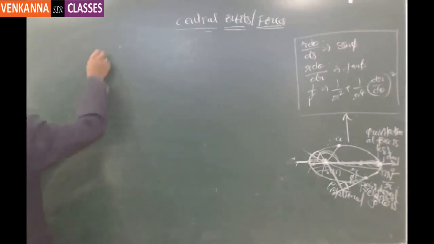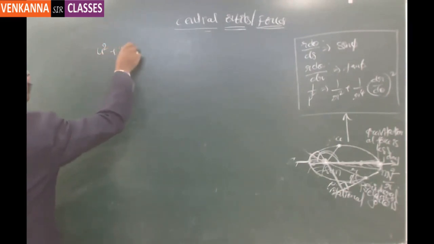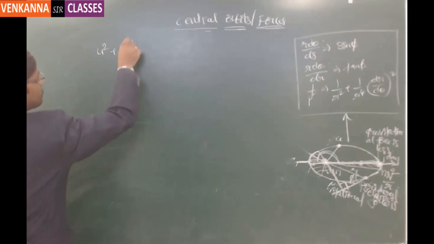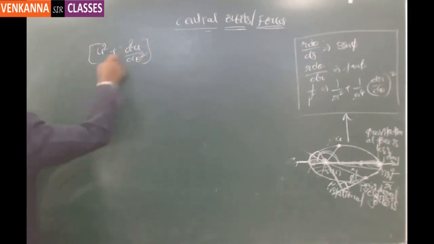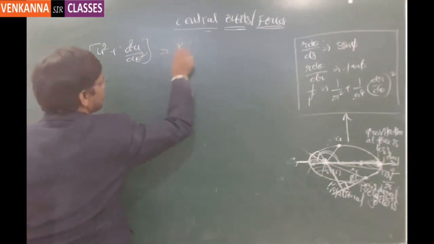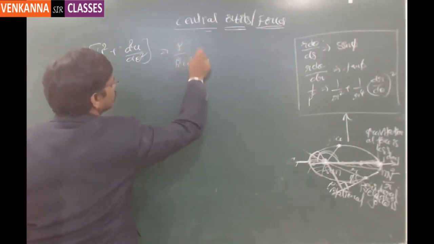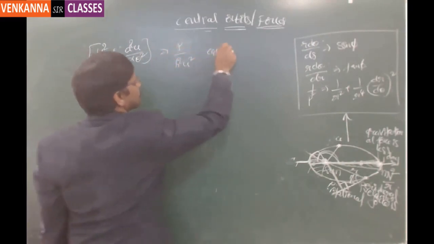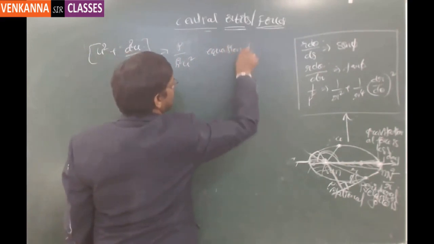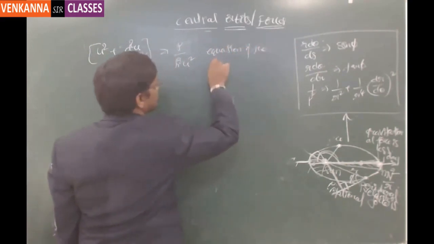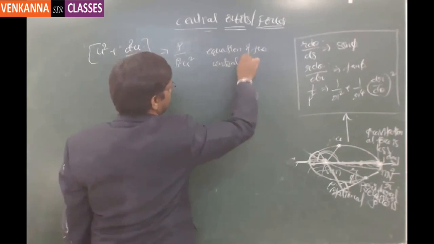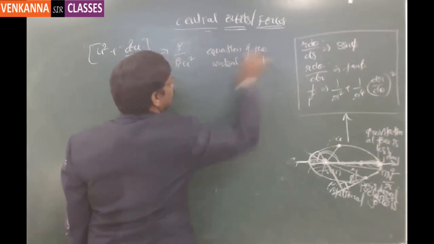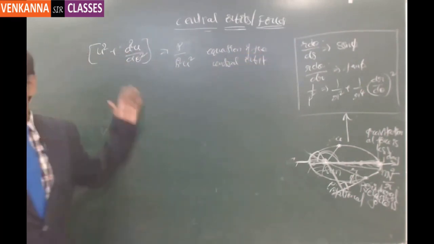So our equation is P by h square u square is equal to u plus d square u by d theta square. So this is the general equation of any central orbit.